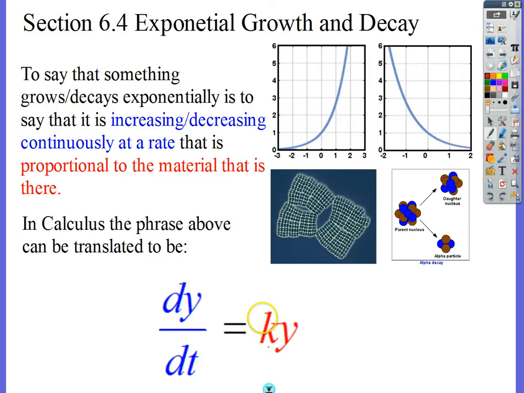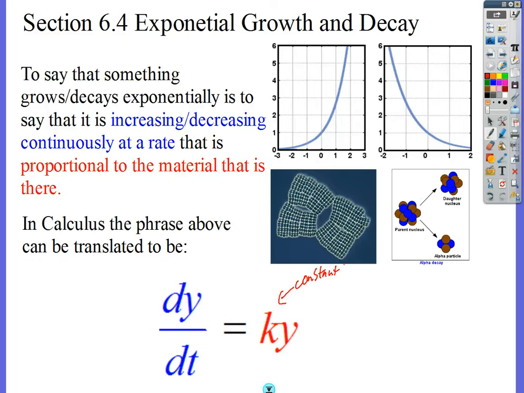Proportional, k, to the material there, that is y. So I have a differential equation. k is some constant that is used to find out how much of my material keeps getting reduced or increased, depending on if it's growth or decay.